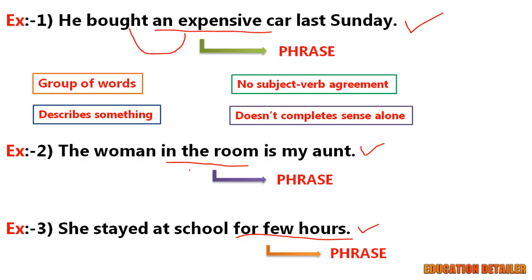In the second example, the phrase in the room describes the noun woman, and in the third example, for few hours describes or gives more information about the verb stayed. She stayed for few hours. Now I am sure that you are clear about a phrase, but what types of phrases are there? Let's try to find out.